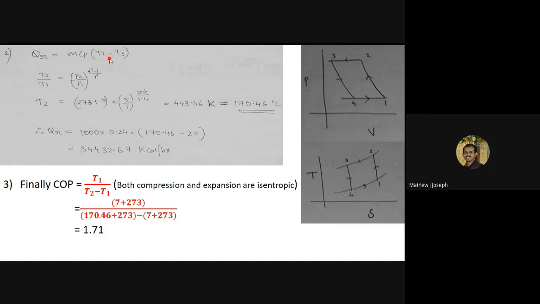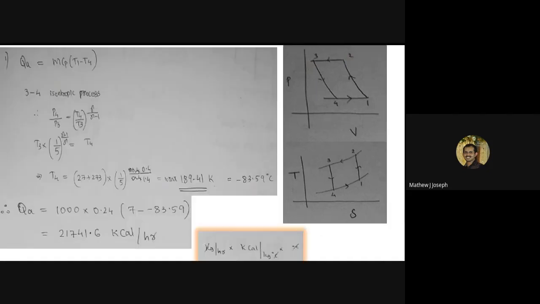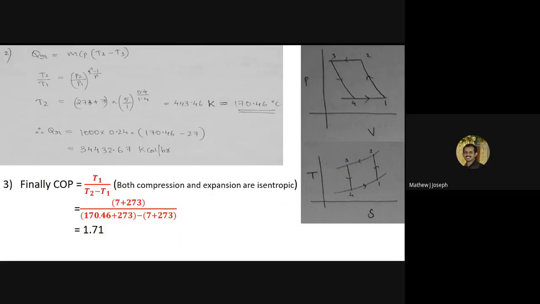Just like we found out T4 by considering the isentropic process 3 to 4, here we can find out the value of T2 by considering this 1 to 2 process as the isentropic process. So applying the isentropic expression to 1 to 2, which in the previous derivation itself we have discussed, T2 by T1 will be equal to P2 by P1 raised to gamma minus 1 by gamma.